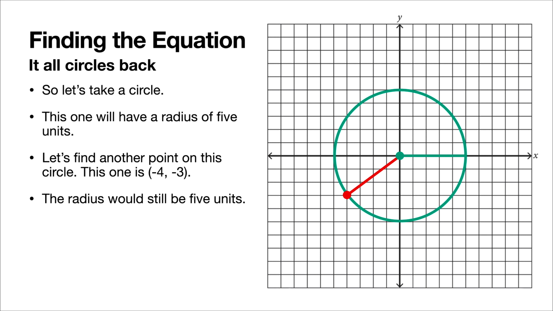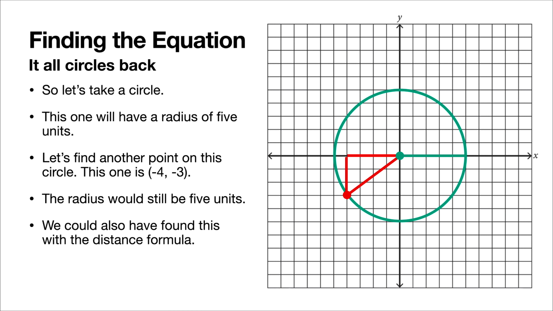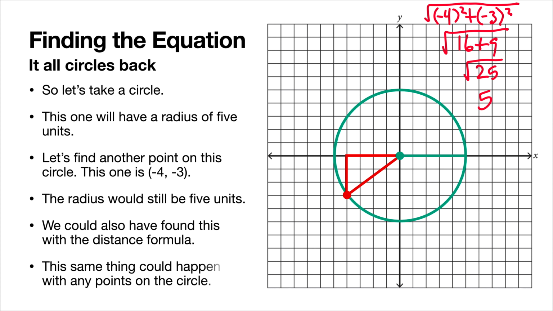And in addition to knowing that because it's a radius, we also could know that by using the distance formula, where we go -4 squared plus -3 squared. That becomes 16 plus 9, which is 25, and the square root of 25 is 5.